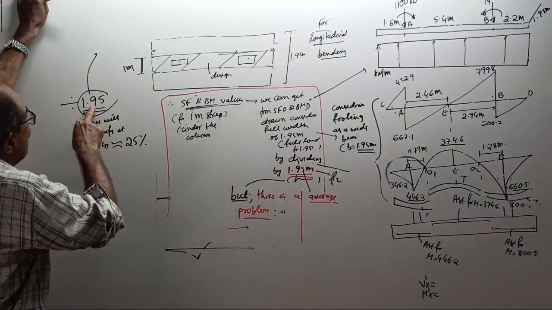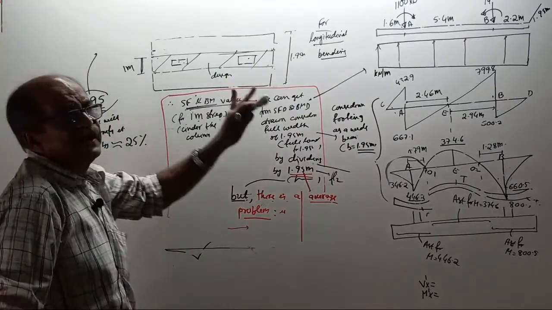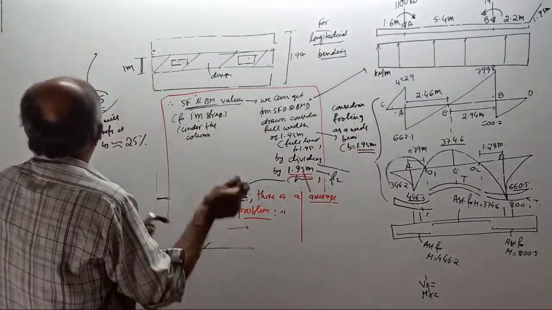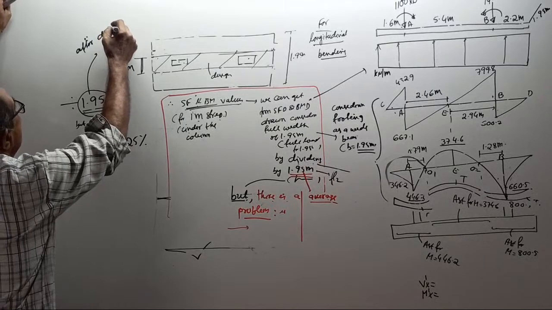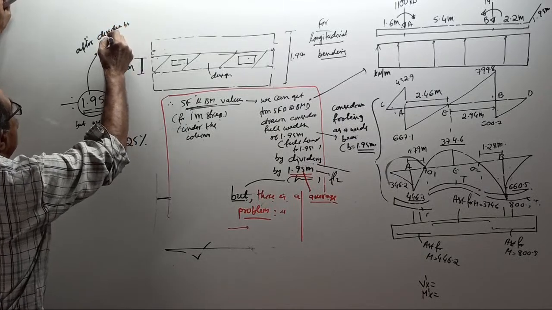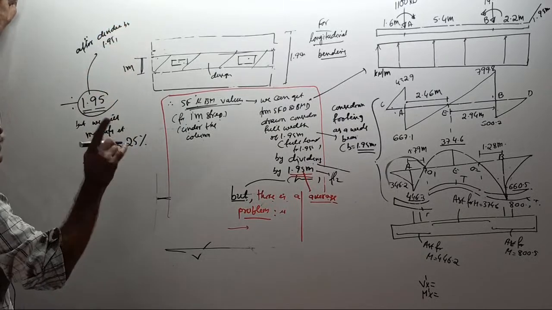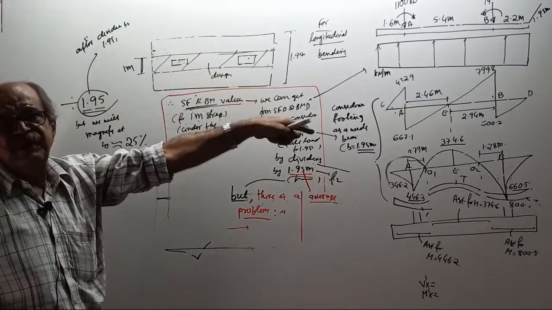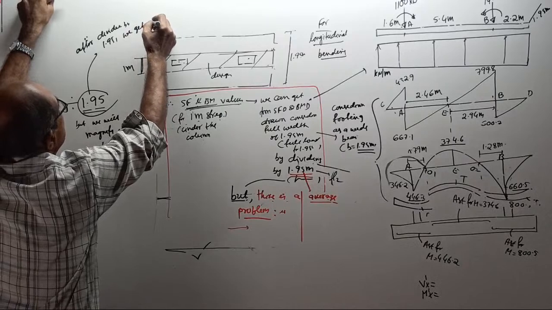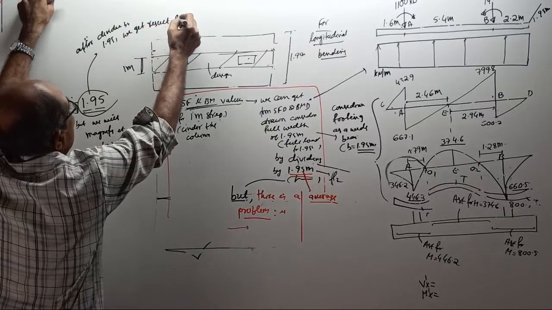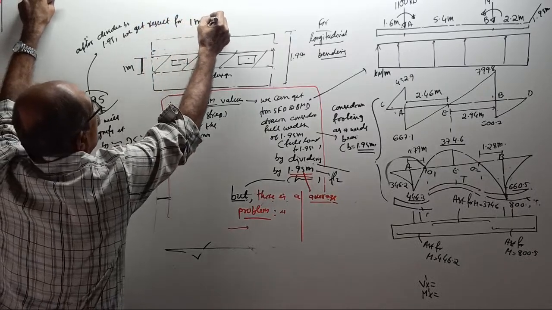When you divide by 1.95 meter, you will get the result for a 1 meter strip.